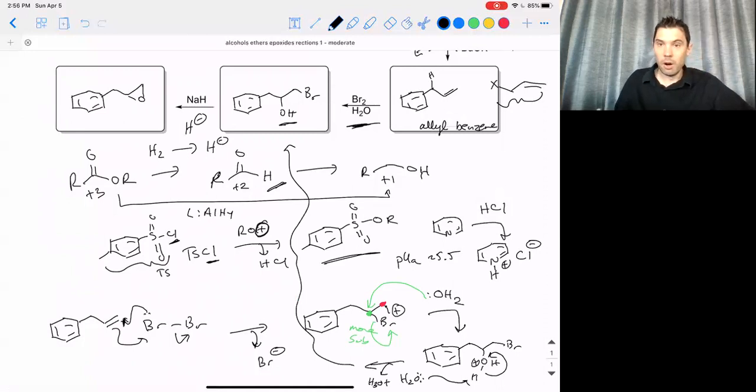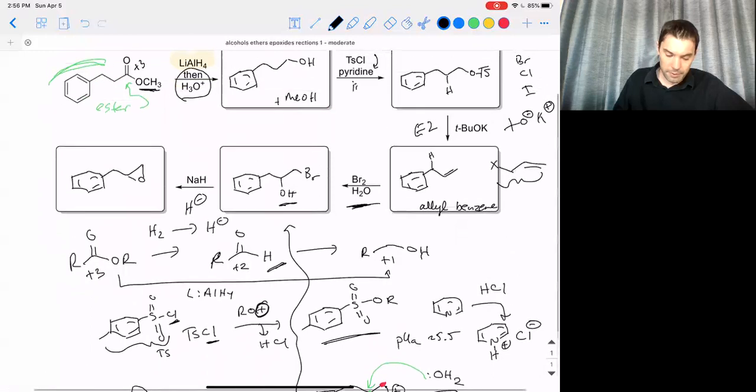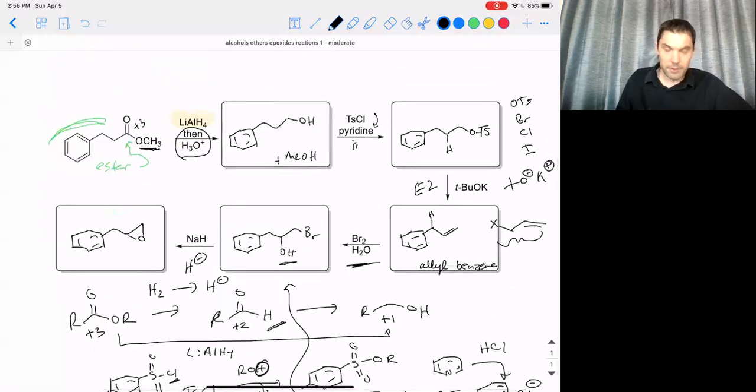So there you go. After all of these steps, what we've successfully been able to do is convert this initial ester into the epoxide of allylbenzene. Okay, that summarizes this reaction sequence.